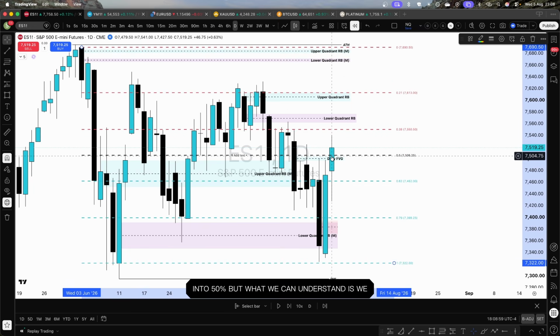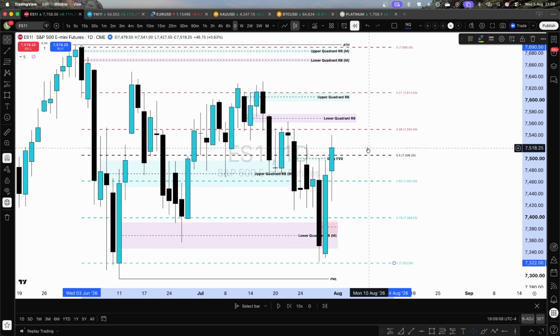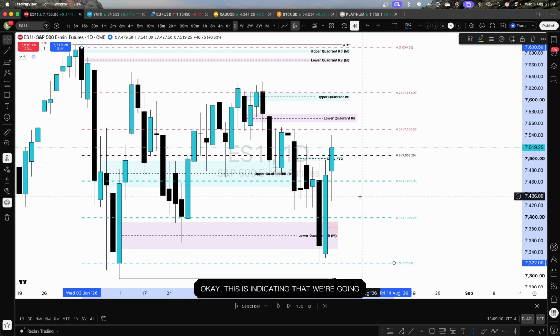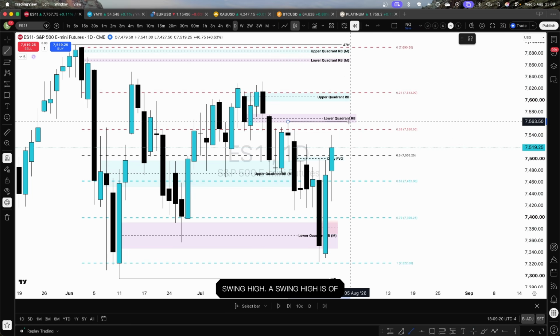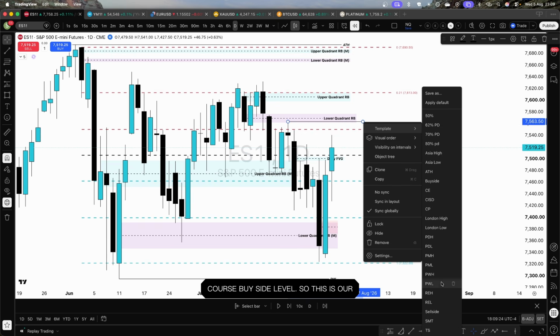But what we can understand is we have now closed above 50% of the range. Okay, this is indicating that we're going to go even higher. Okay, and the next target should be this level here. Okay, we have buy side at this level, which is a swing high. A swing high is, of course, buy side level.